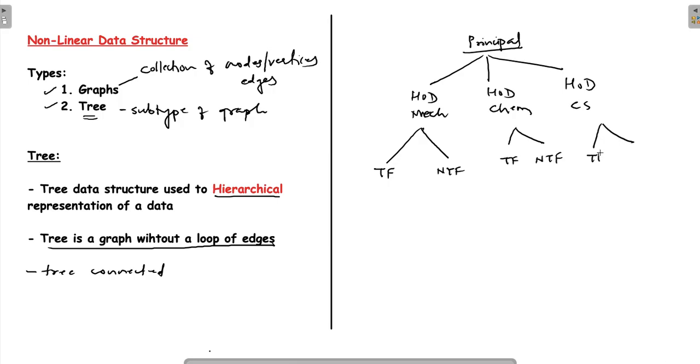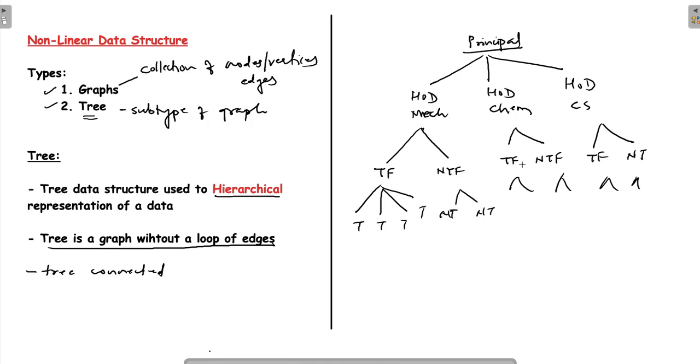Again, under teaching faculty we have the different teachers, and under non-teaching faculty we have the peons and all other non-teaching staff. So what we have just done is represent the information about the educational organization in a hierarchical way, and that is the use of a tree.